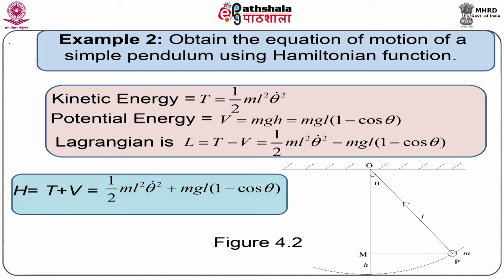Since the system is holonomic and conservative, the Hamiltonian H can be written as the sum of kinetic energy and potential energy. Therefore, H equal to half m L squared theta dot squared plus m g L into (1 minus cos theta).